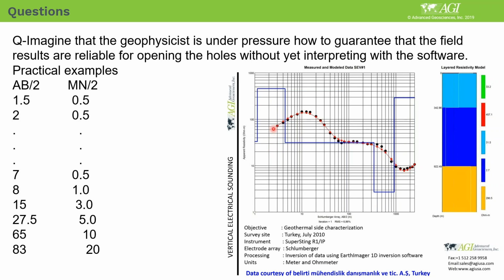If I look at this point over here, the first point is about 75 ohm meters. When I look at it, the first readings correspond to my first layer, and I would say I am about 70, 80 ohm meters, less than 100 ohm meters, for my first layer.